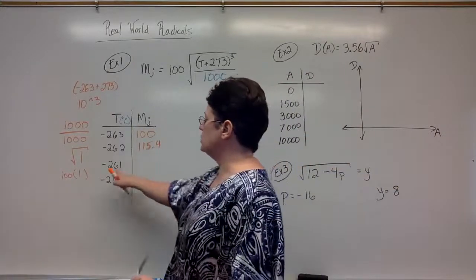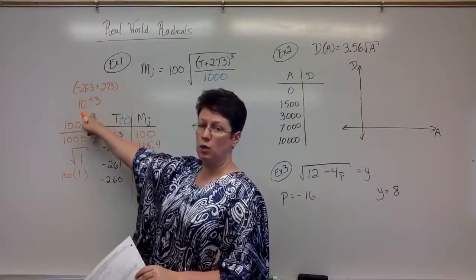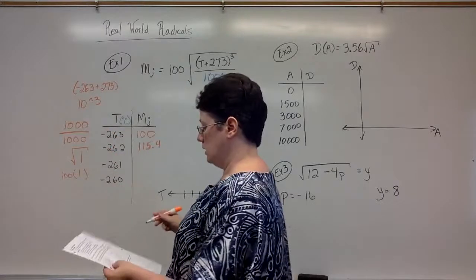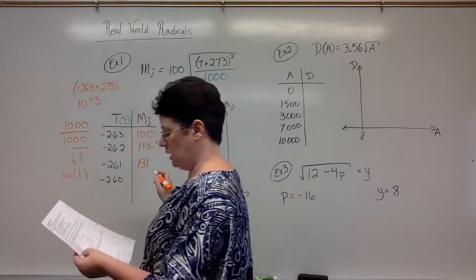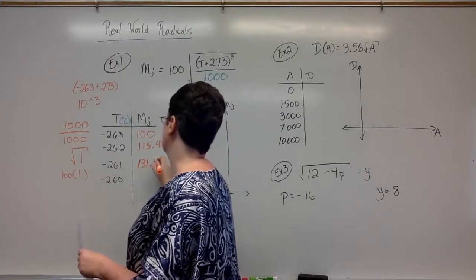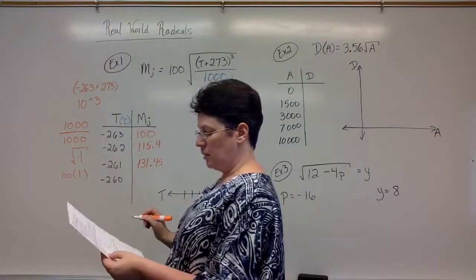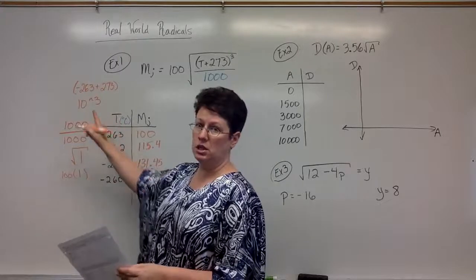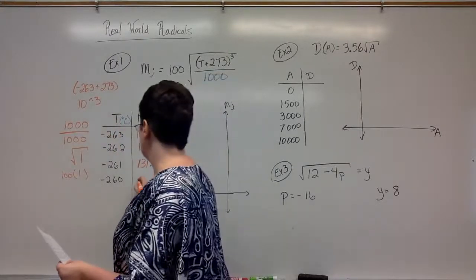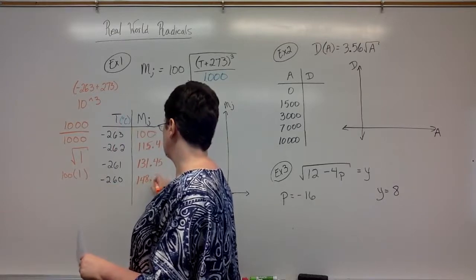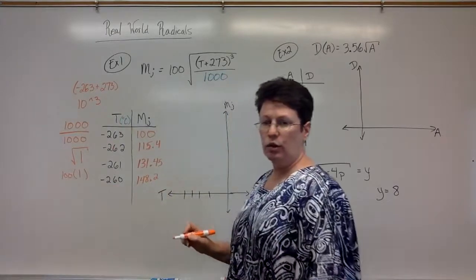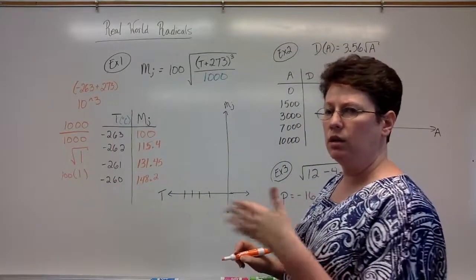For negative 261, we get 12 cubed, which gets crazy because I can't do that one in my head. And we end up with 131.45. And with negative 260, we get 13 cubed. Okay? So we have 148.2.